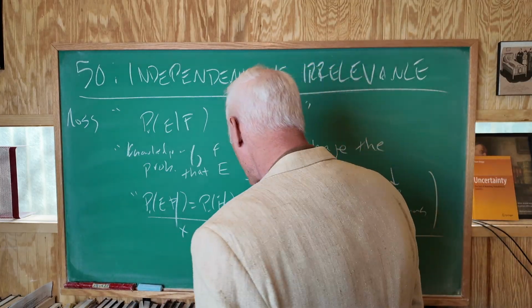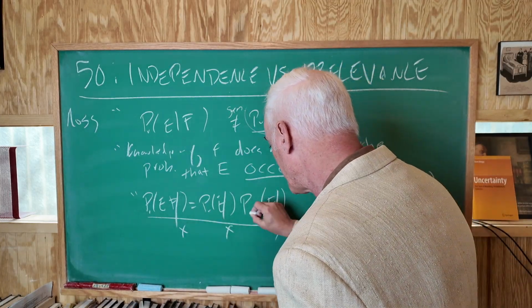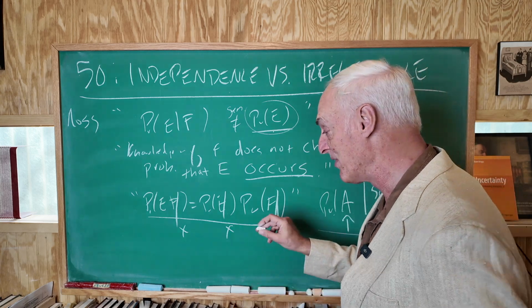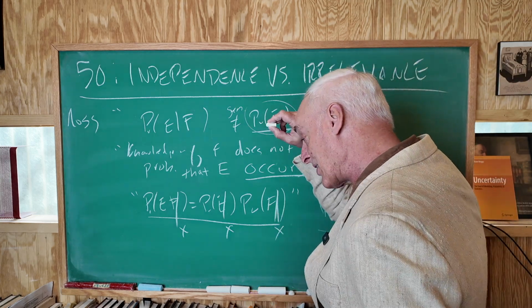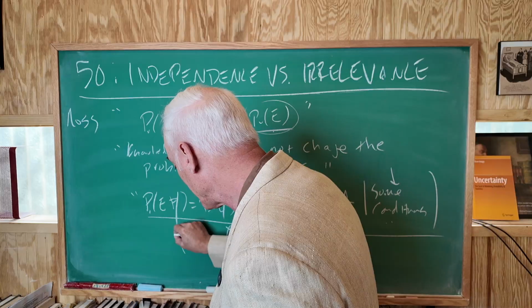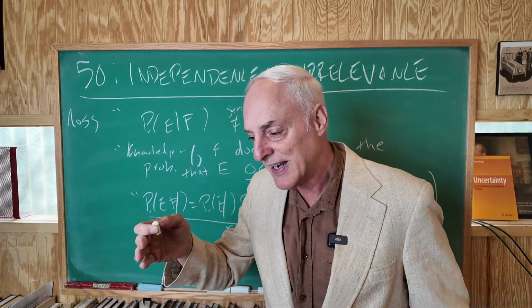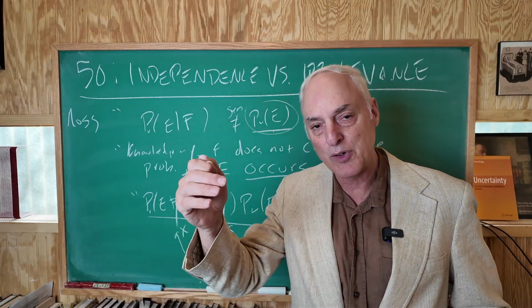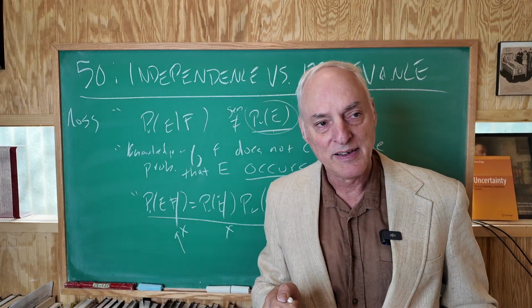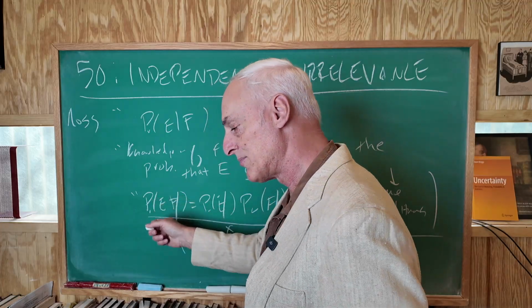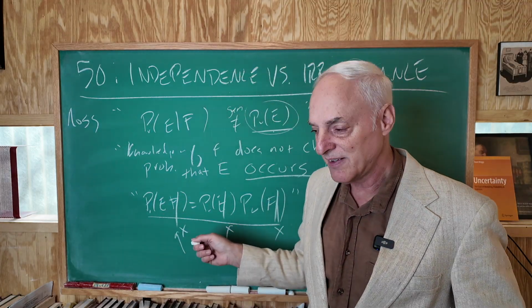And never forget, this is why I love this notation here with the bar and everything. I'm not the one who invented this. It came long ago, but what is very nice about it is it emphasizes that probability, like logic, is the relationship between propositions. It doesn't tell us where the propositions come from or how they originate.